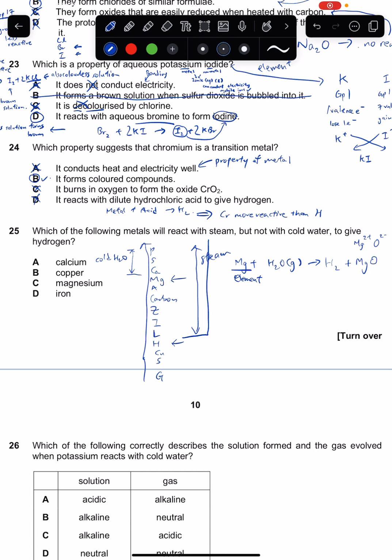So it says react with steam and not cold water. So copper is out. It doesn't even react with steam. Copper is below H, no go. Calcium reacts with both. So this is both. This is none. Magnesium and iron.